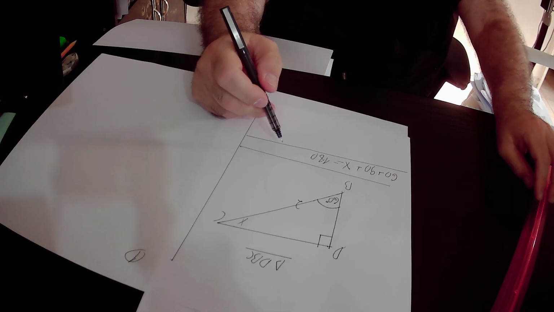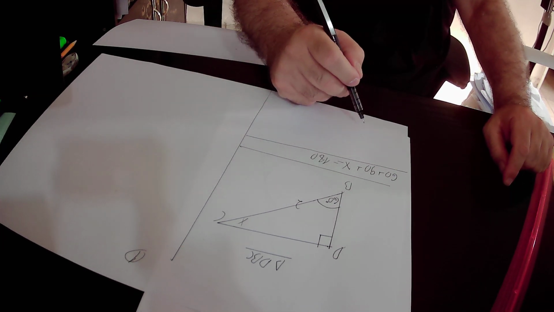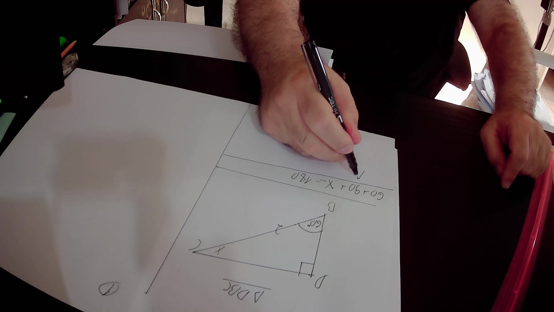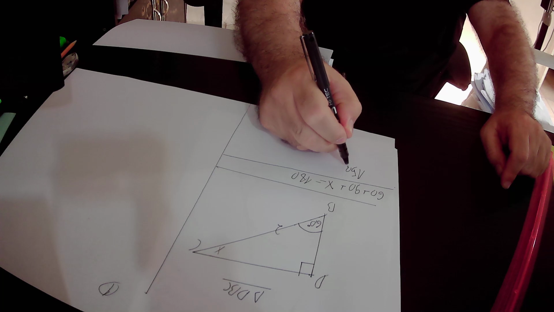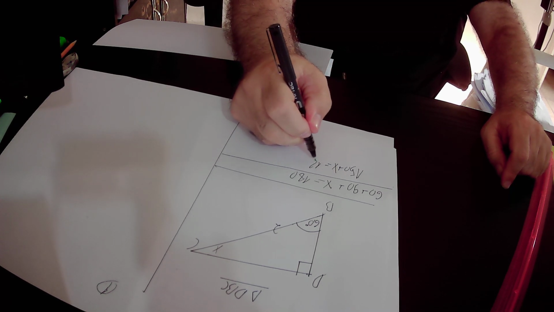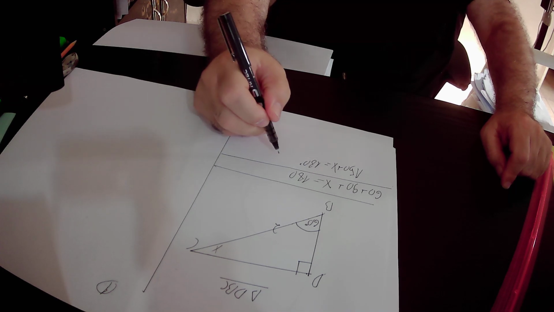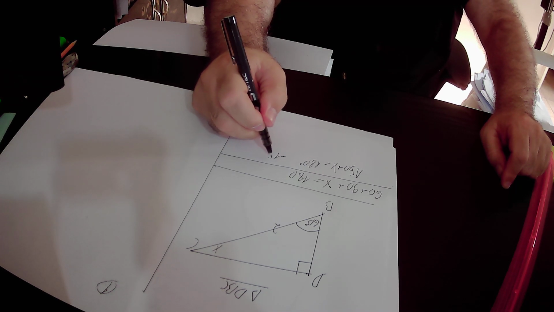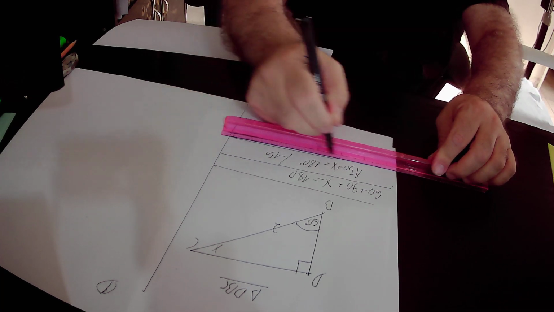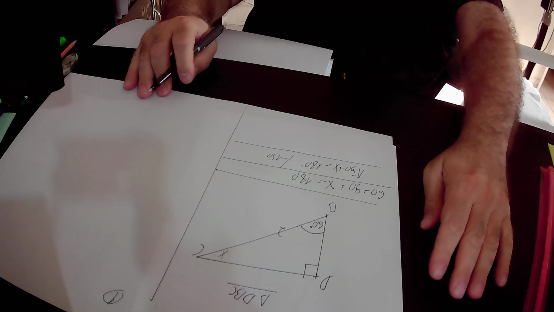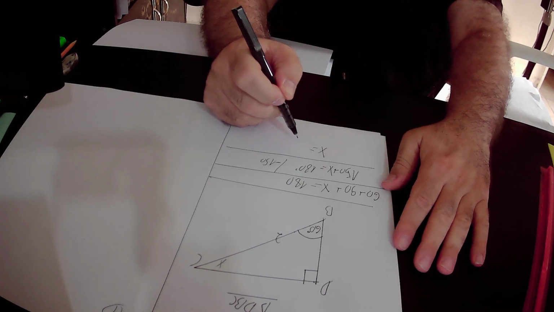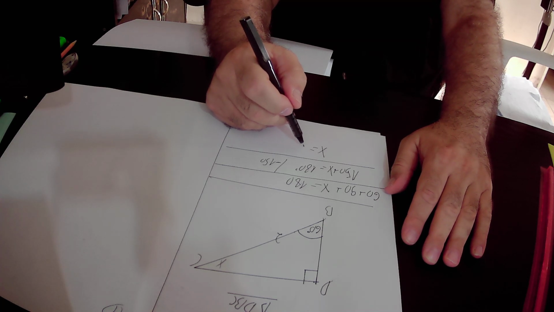60 degrees plus 90 degrees is 150 degrees, plus the size of angle x. In total they must be equal to 180 degrees. Here we subtract 150 degrees from this equation and we get that the missing angle x is equal to 180 degrees minus 150 degrees.